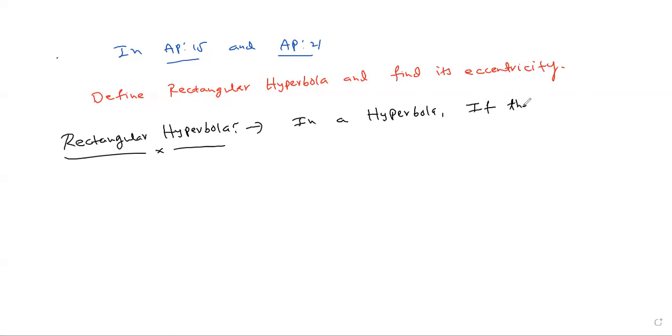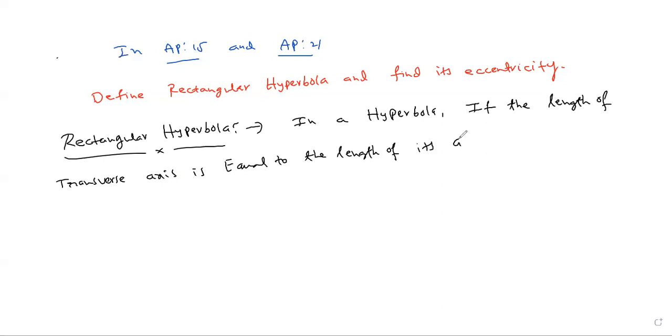If the length of transverse axis is equal to the length of its conjugate axis, then the hyperbola is said to be a rectangular hyperbola.